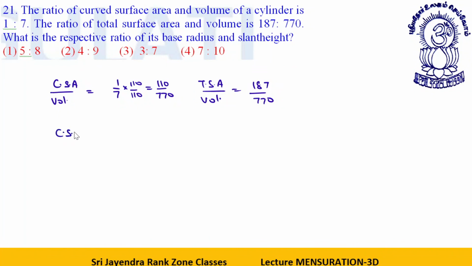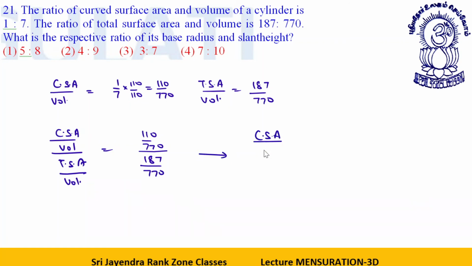Now CSA by volume and TSA by volume is what? 110 by 770, 187 by 770. This gives me CSA upon TSA.